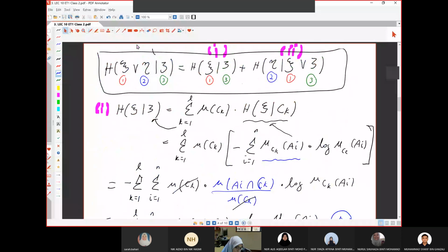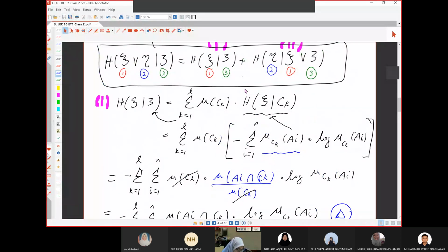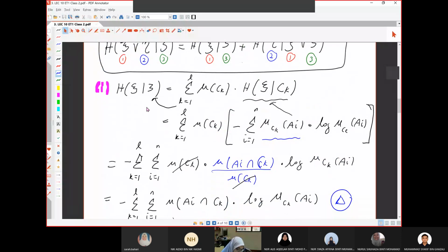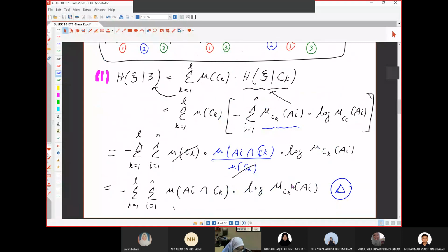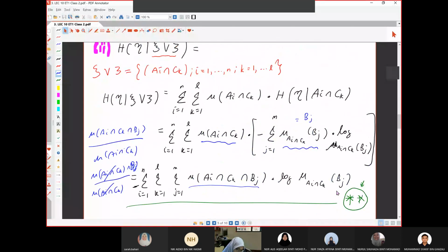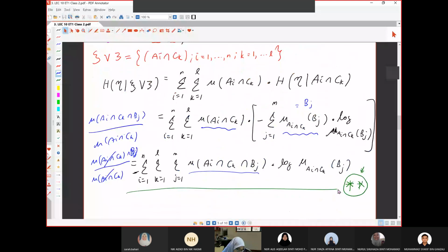So the first part I verify the right hand side. The right hand side has two expressions, so I divide into two, part 1 and part 2. Part 1, you already found this equals to the triangle. I call this expression the triangle. Now for part 2 I got this as 2 star. By using this we simplify.